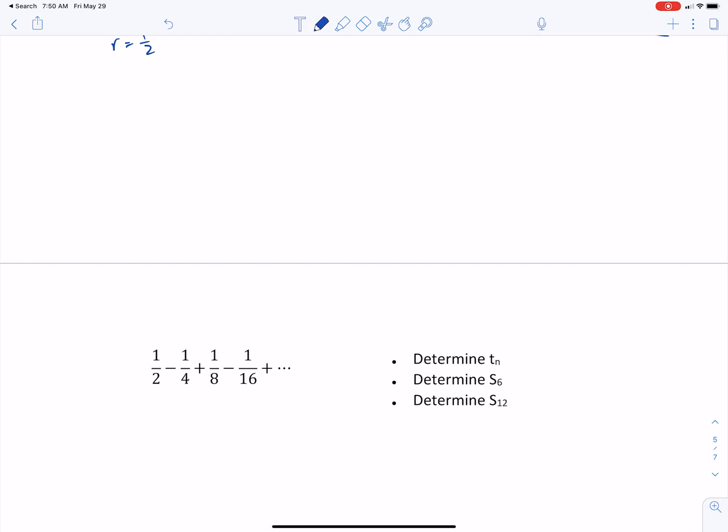Okay, so over here, term 1 is 1/2. The common ratio you can see this time is negative 1/2. So Tn is going to be term 1 times the common ratio to the power n minus 1. That's the general term for the sequence.